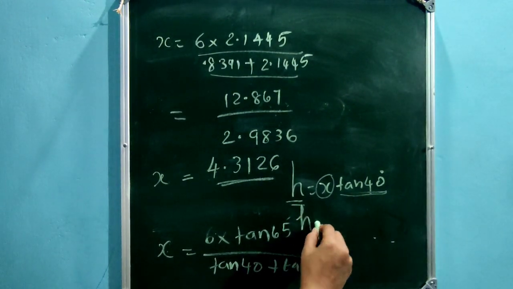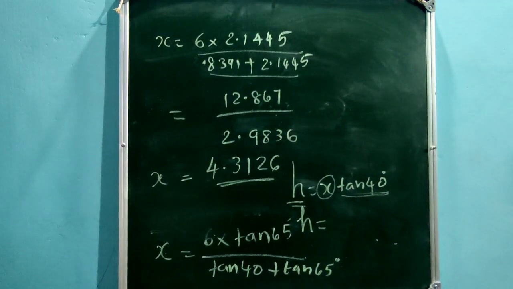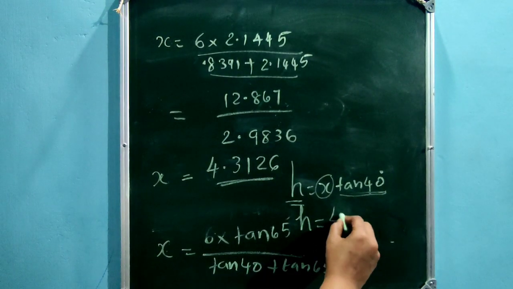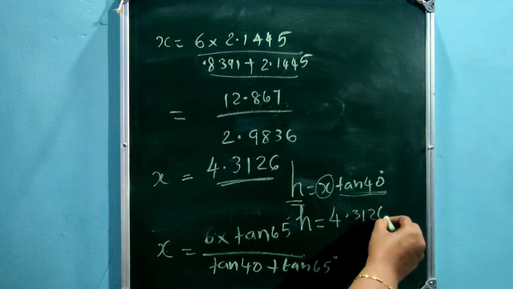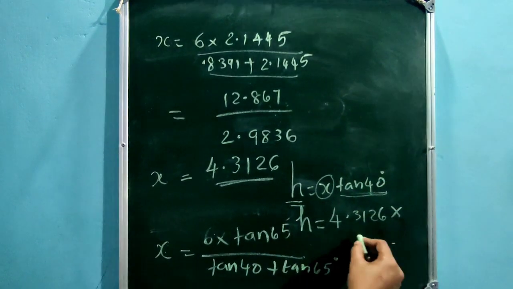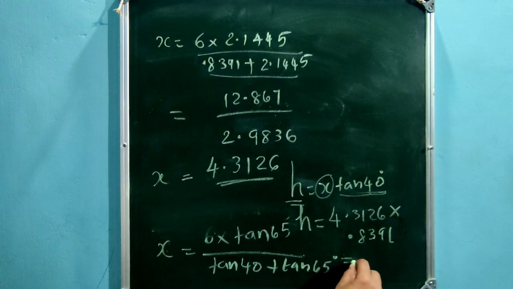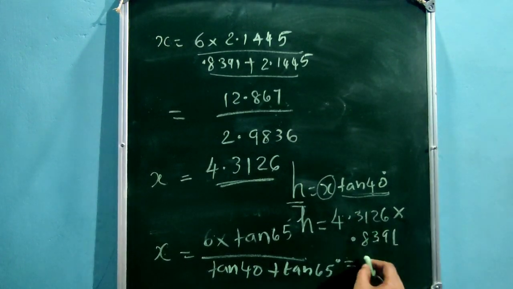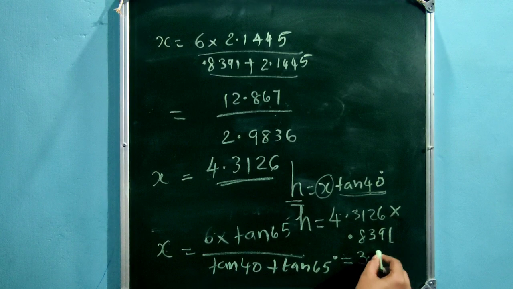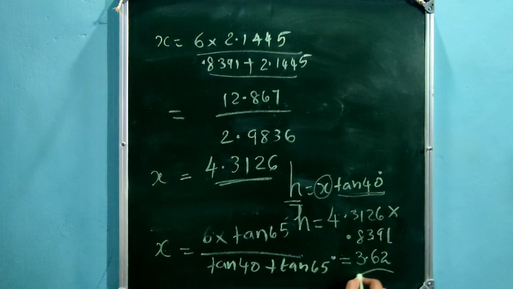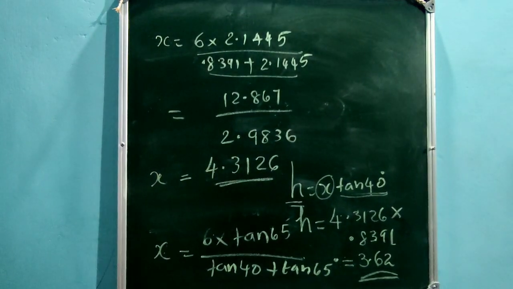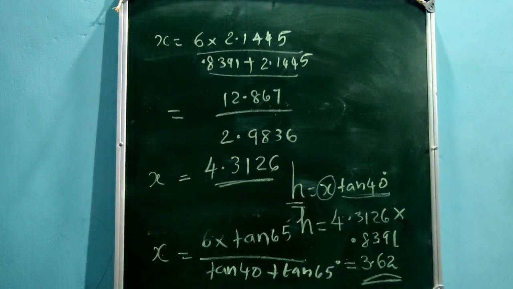Then we will get the height of the triangle. So h is equal to 4.3126 into tan 40, which is 0.8391. If we multiply these two, we have 3.62. That is, the height of the triangle is equal to 3.62.